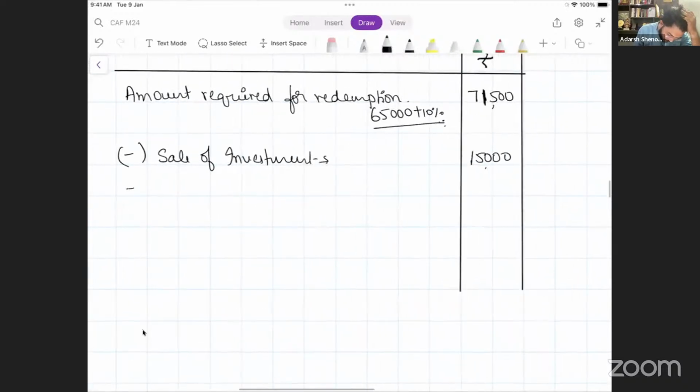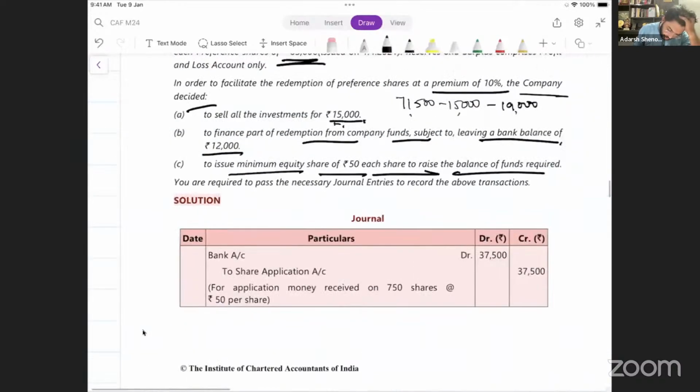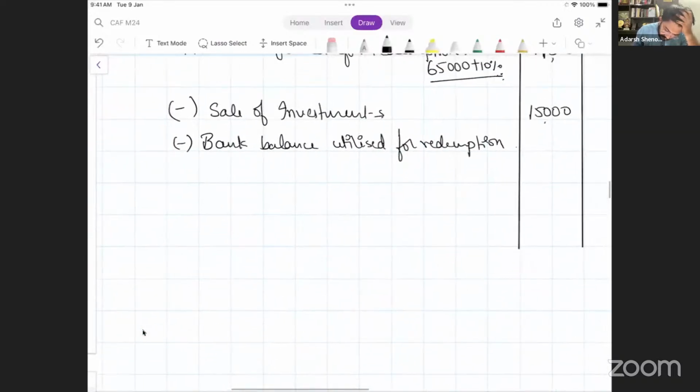We have the bank balance, no? How much bank balance do I have which I can use for redemption? I have a total of 31,000 bank balance, but I cannot utilize all the money because 12,000 is to be left in the bank itself. So 31,000 minus 12,000, 19,000.